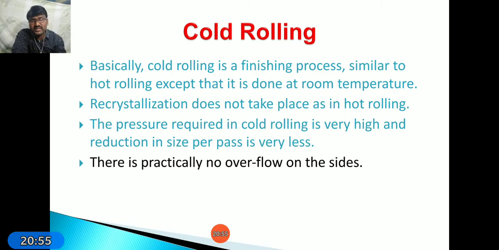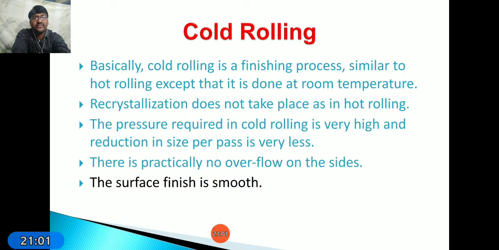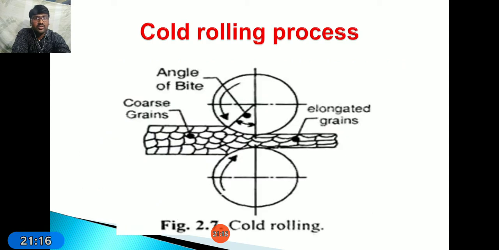Next, there is practically no overflow at the sides. The surface finish is smooth, but in hot rolling we cannot get a good surface finish. In the cold rolling process, we can get a very smooth surface.